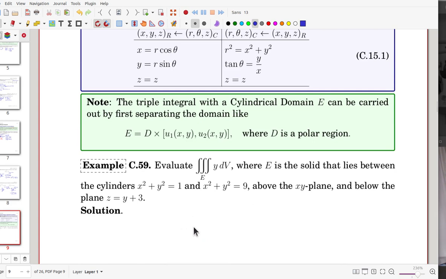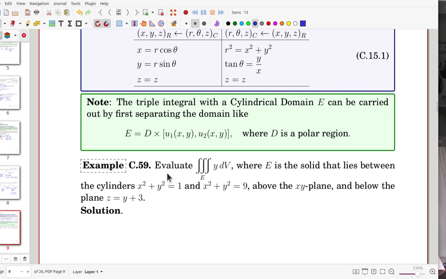Okay. When we try to solve a triple integral with cylindrical coordinates, then the cylindrical domain must be separated into 2 portions. One is the polar region, the other one is the orthogonal direction. So we'll see one example here. Okay.